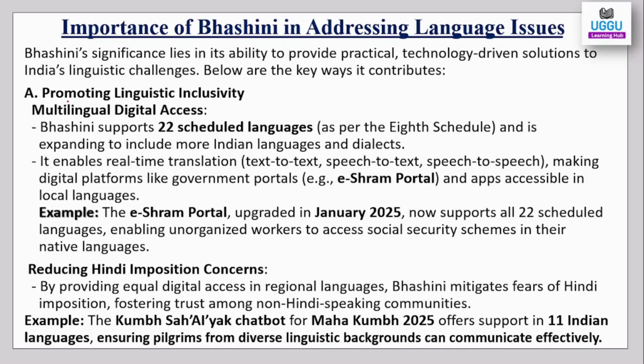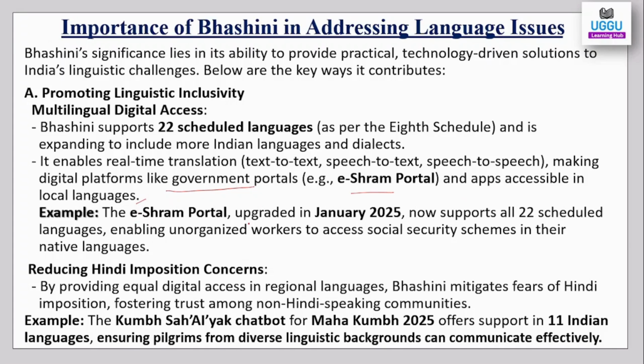First, it promotes inclusivity and multilingual digital access. Bhashini supports 22 scheduled languages and is expanding to include more Indian languages and dialects. It enables real-time translation, text to text and speech to speech, making digital platforms like government portals, for example eShram, and apps accessible in local languages.